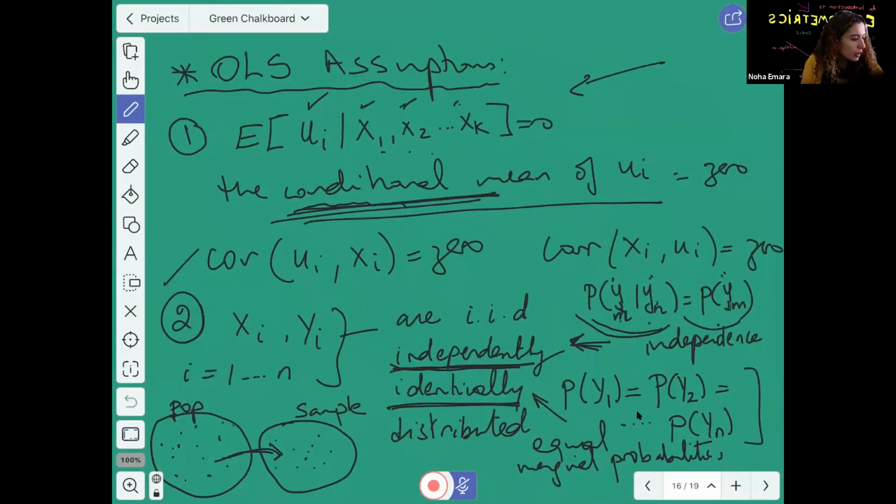Okay, what I want to show you is an example related to statistical significance.